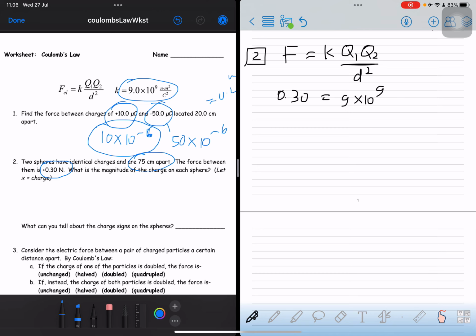Let X be the charge, so X times X, divided by D squared, where D is 75 centimeters, 0.75 in meters.